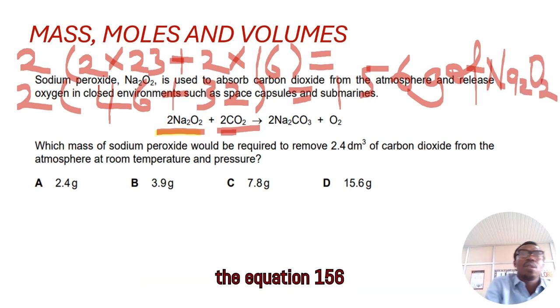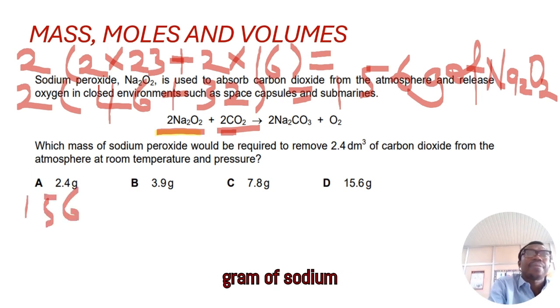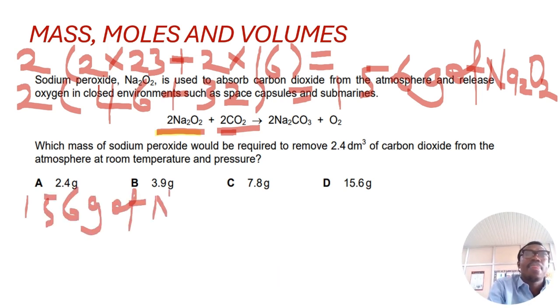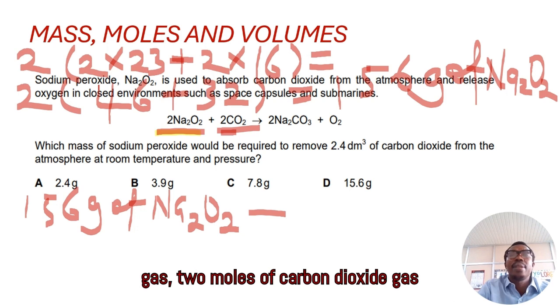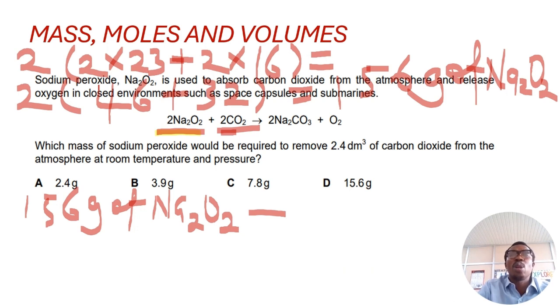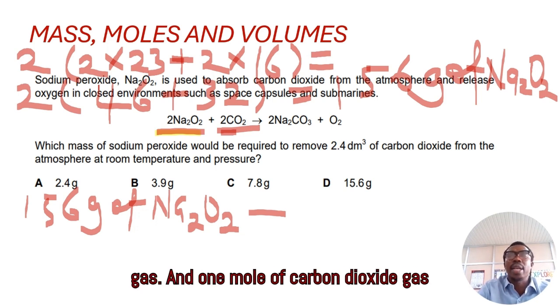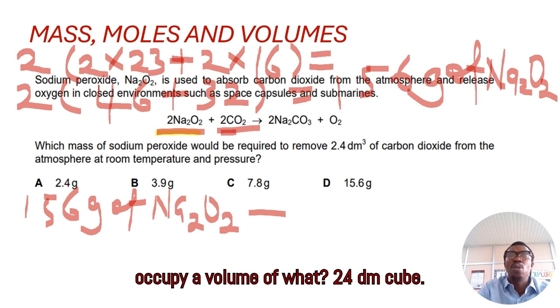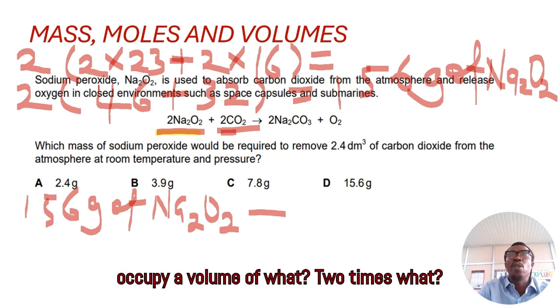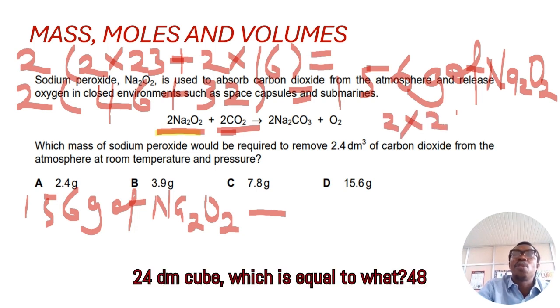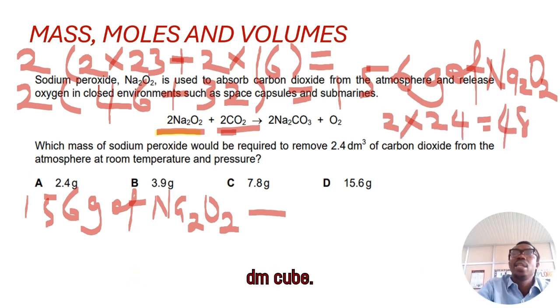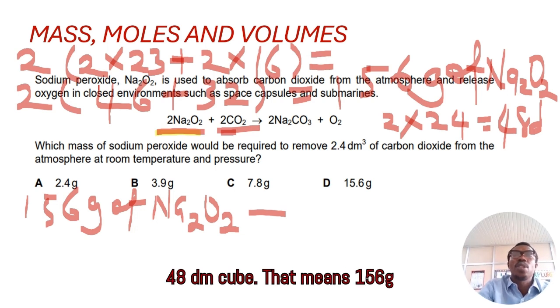That means from the equation, 156 grams of sodium peroxide react with 2 moles of carbon dioxide gas. 1 mole of carbon dioxide gas occupies a volume of 24 dm³, so 2 moles of carbon dioxide will occupy 2 times 24 dm³, which is 48 dm³.